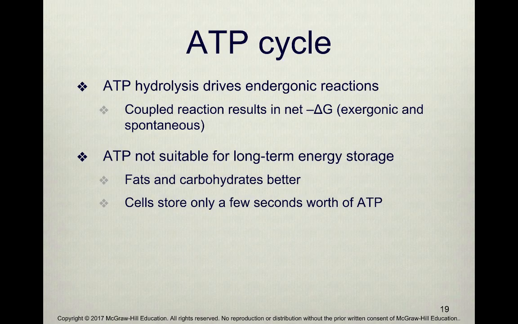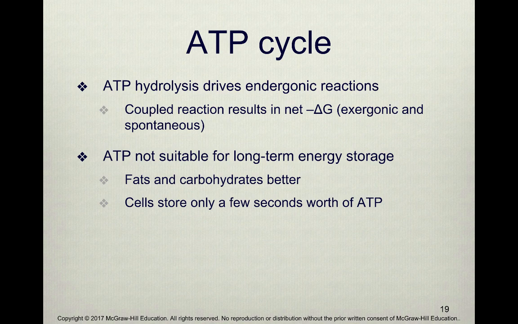Now the ATP cycle. Basically, when you have ATP, in order to get the energy out of it to use it for another purpose, we have to hydrolyze ATP. Remember, hydrolysis always means breakdown, whereas dehydration or condensation always means building. So ATP hydrolysis is the process that will make our endergonic reactions take place.